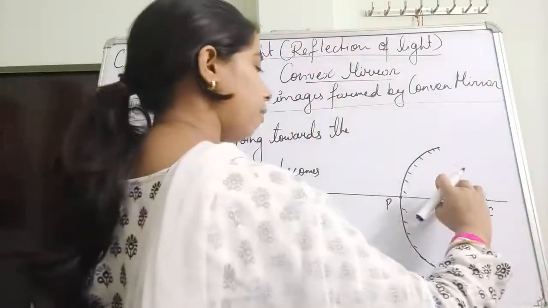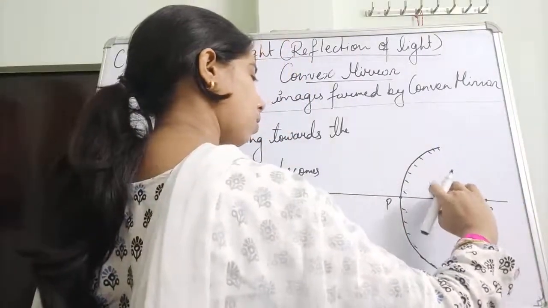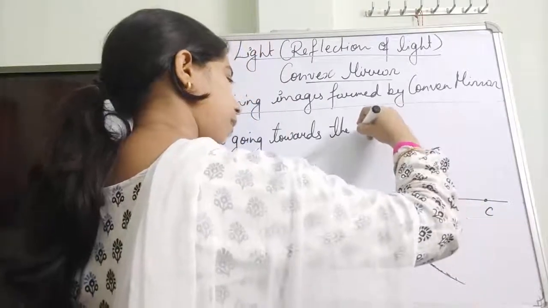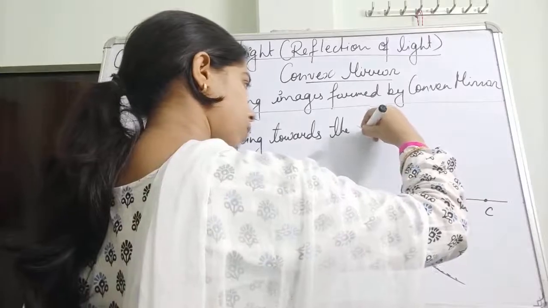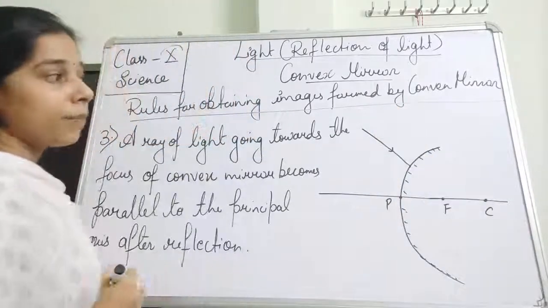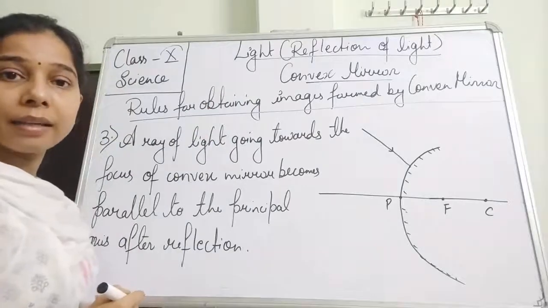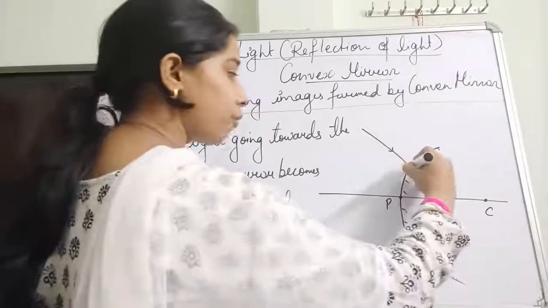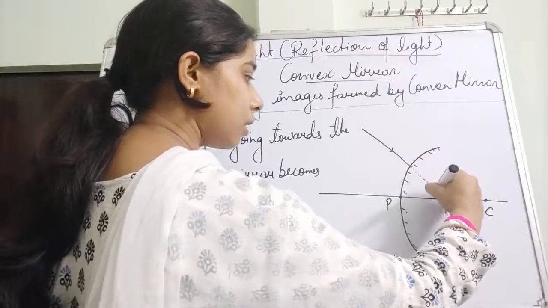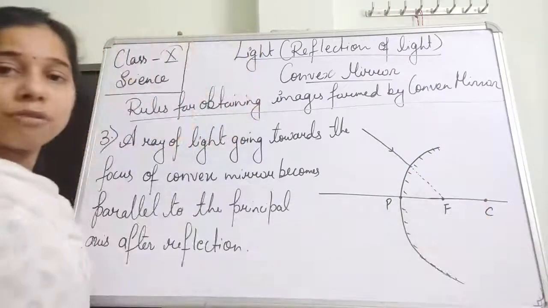So if a ray of light is falling on the surface like this, it seems that the ray of light is actually coming towards that of the focus. You can see here, students, it seems that it is coming towards that of the focus.